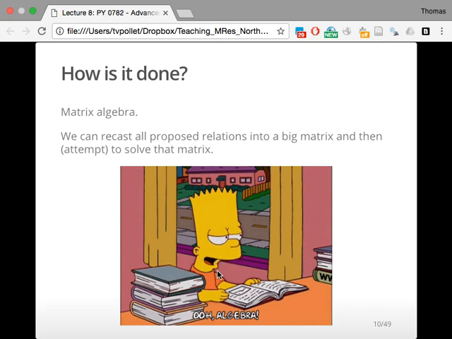How is it done? I don't have time to explain it in detail, but it's matrix algebra. Basically, everything is regression. The factor analysis from last week is also regression. Those regressions can be analyzed in a large matrix, and we can do matrix algebra to solve that matrix. If we're unable to solve it, or there are multiple solutions, we can estimate what the values in that matrix would be.